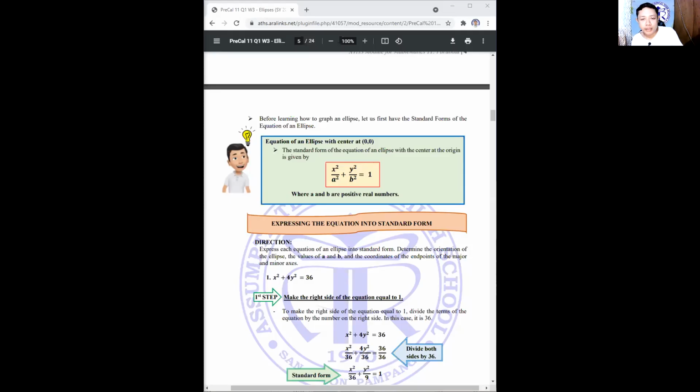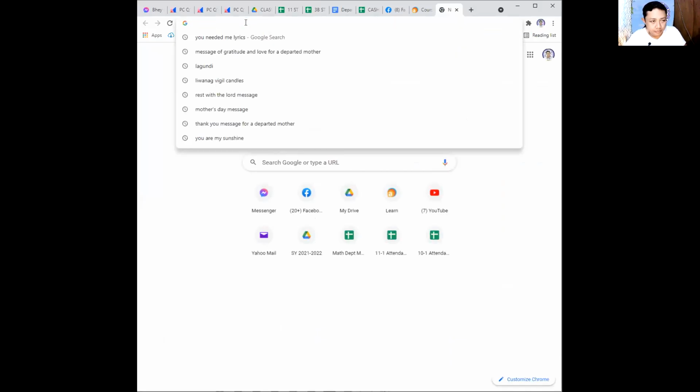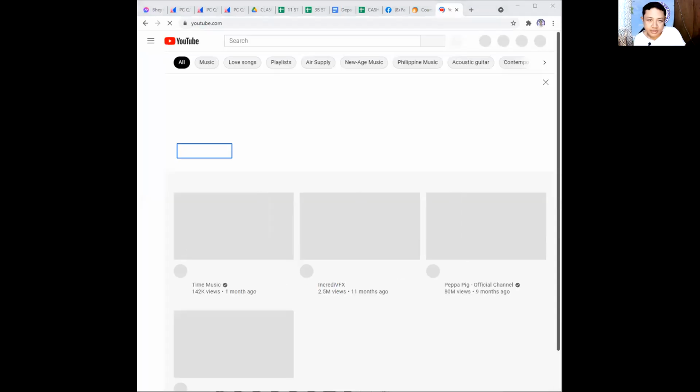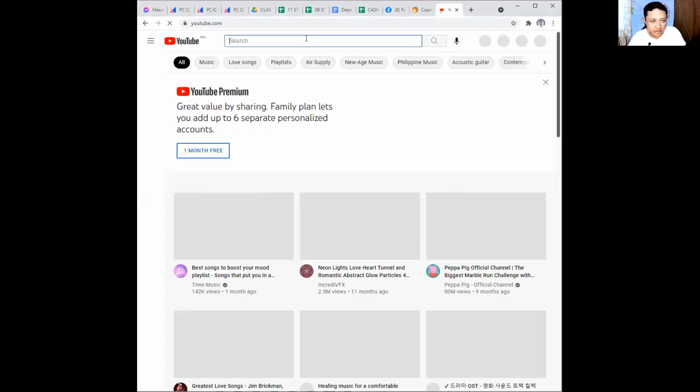Let's now have a visual representation of how an ellipse is made using the foci. Okay, let me share this with you, just to show you, so that we will have an idea what that foci is all about.